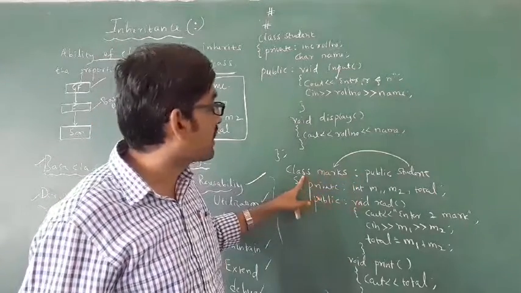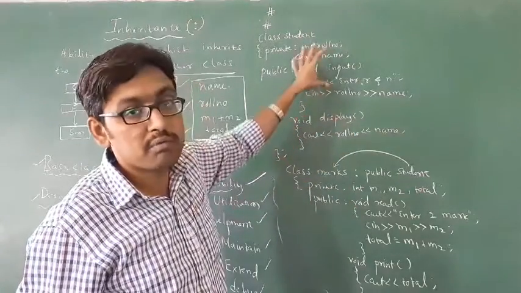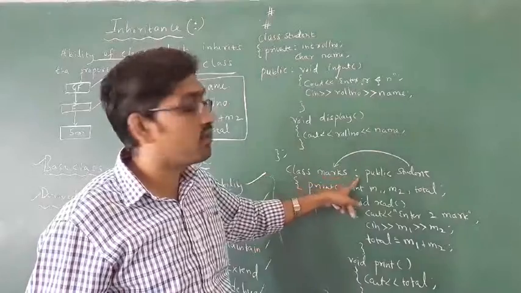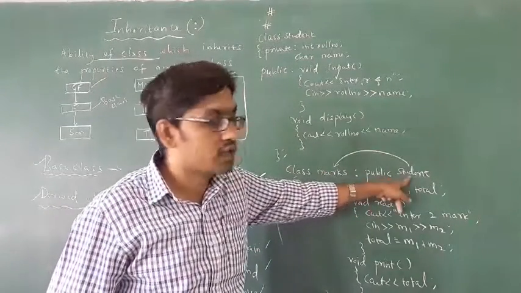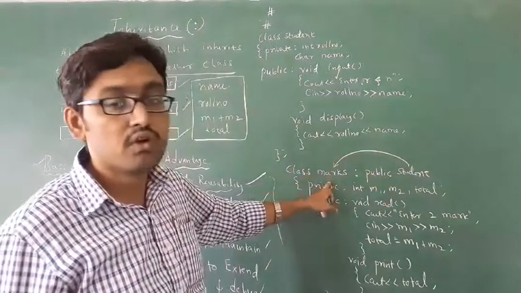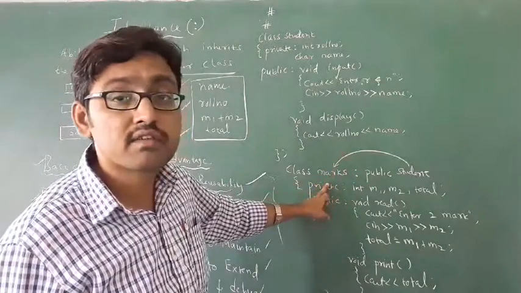This is how to write class marks. I want to inherit these roll number and name here. Then what you have to do? In class marks, you have to use the inheritance operator by using public student. If you write like this, all student properties come to the marks class.